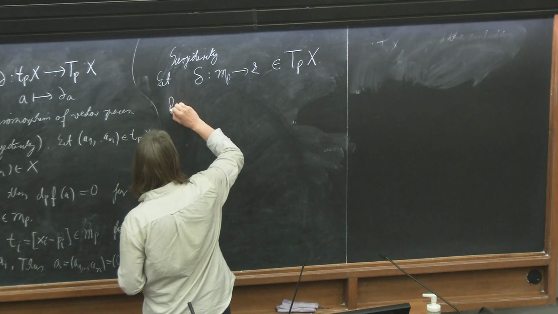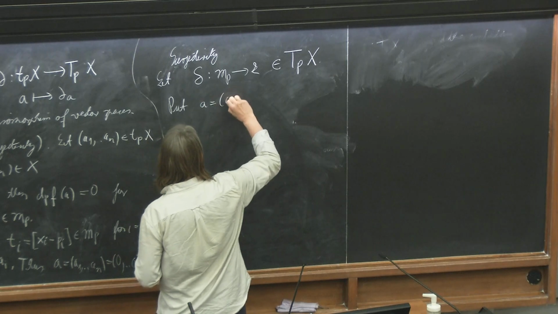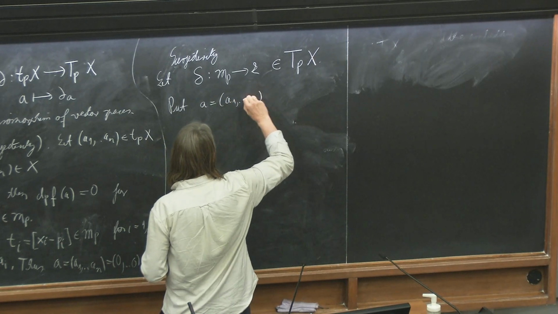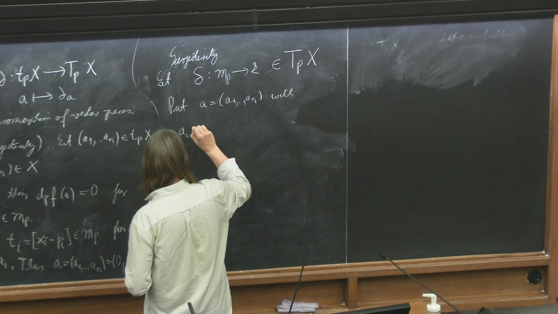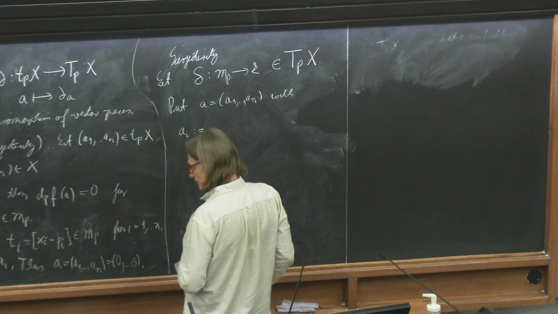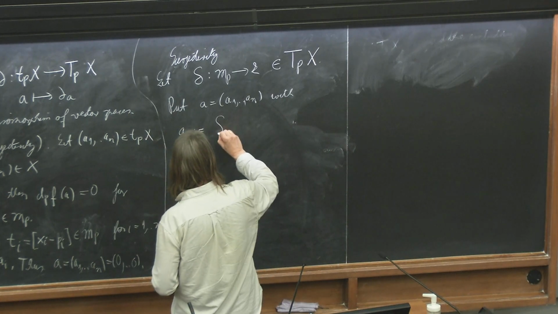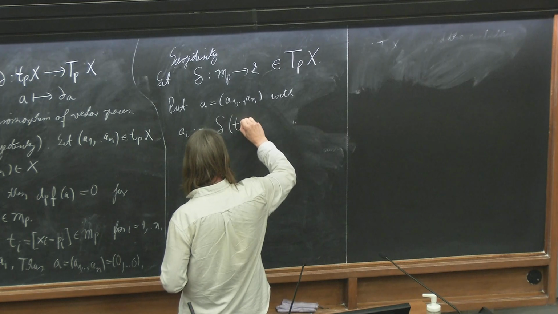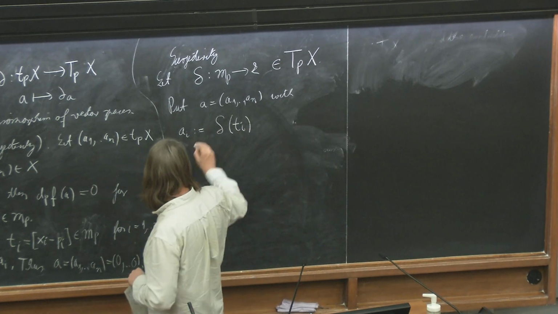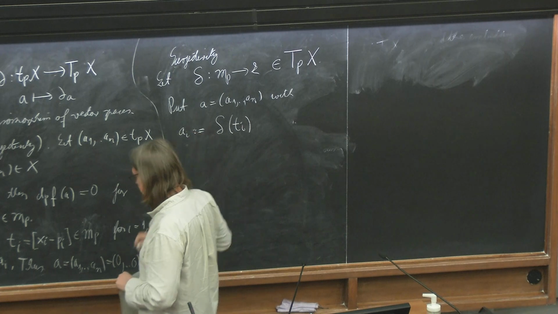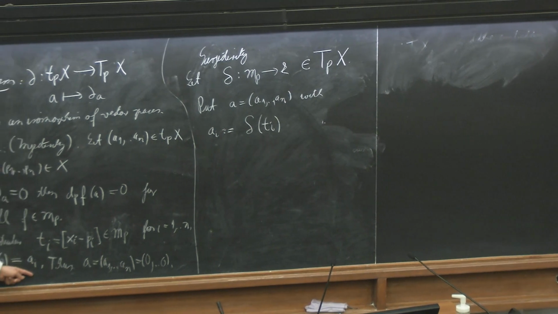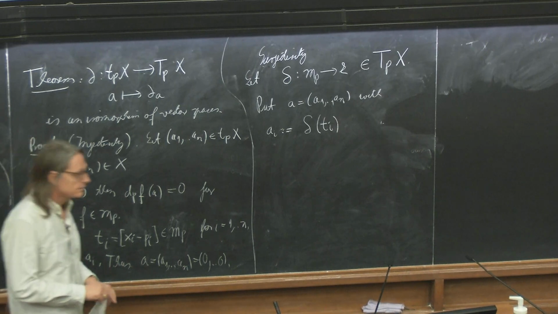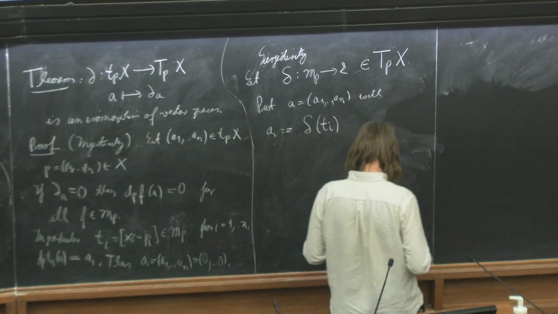So we put A equal to A1 to AN with Ai equal to delta of the Ti we just defined. We had just precisely seen before that this gives us back the Ai, so therefore it's the only chance for this to be true.